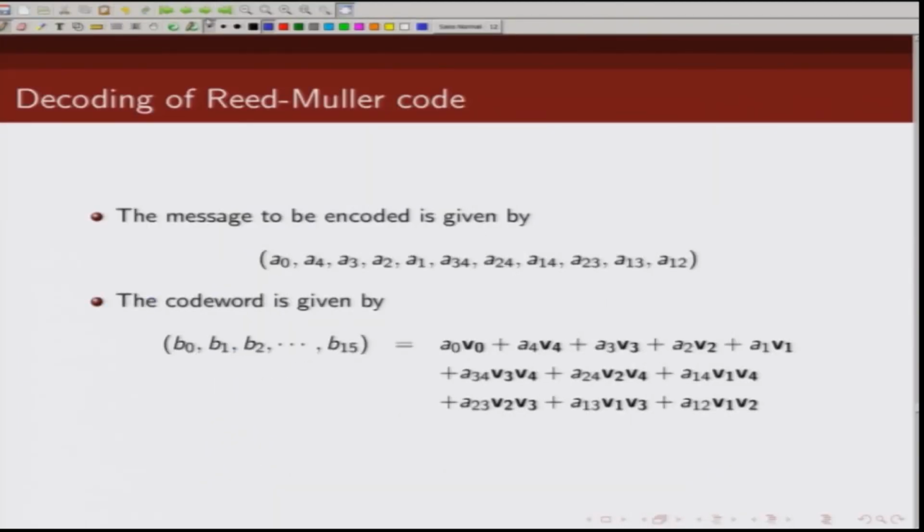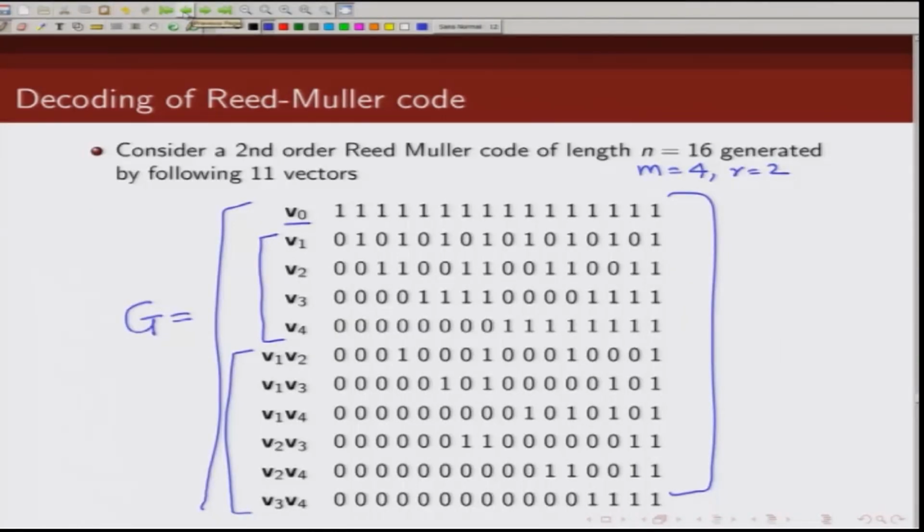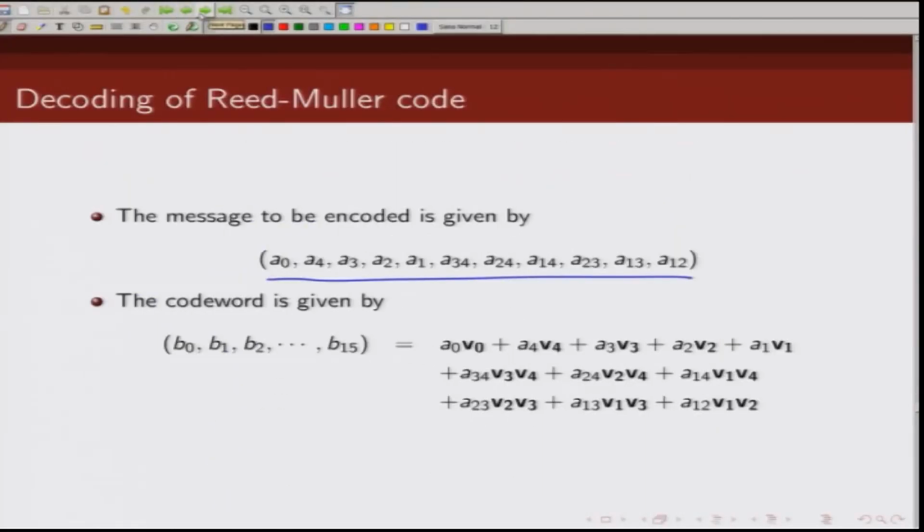Now, the message that we want to encode, let us call it A0, A4, A3. This is how we are denoting the message that we are going to encode, and since the rows of our generator matrix are given by V0, V1, V2, V3, V4 and these products, our code word would be a linear combination of rows of the generator matrix.